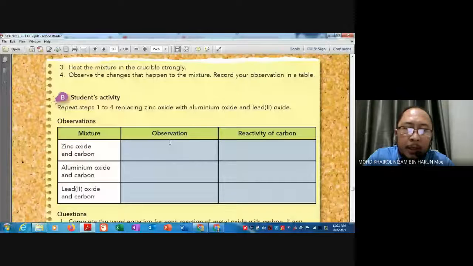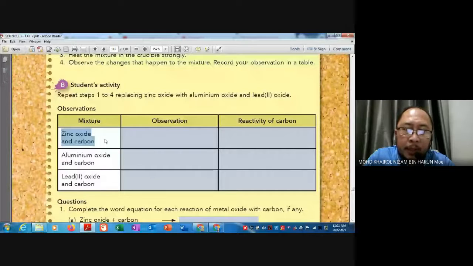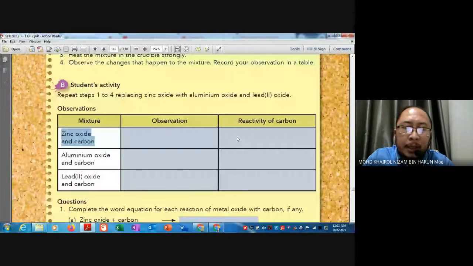Okay, now the observation when we heat the mixture of zinc oxide and carbon. We have to write what the observation is and what we can conclude from this reaction. If the reaction happens, we can say that carbon is more reactive than zinc.